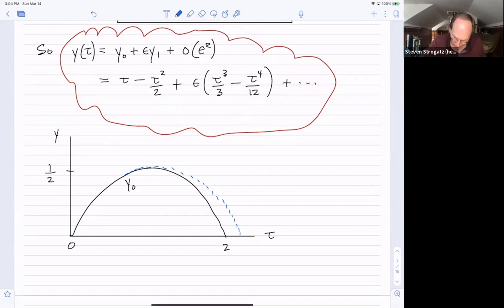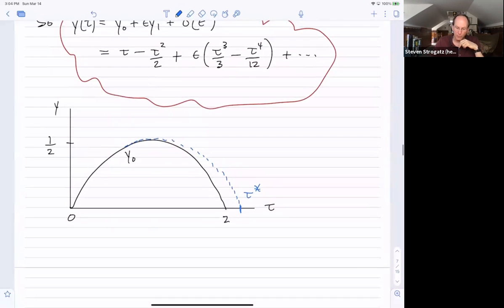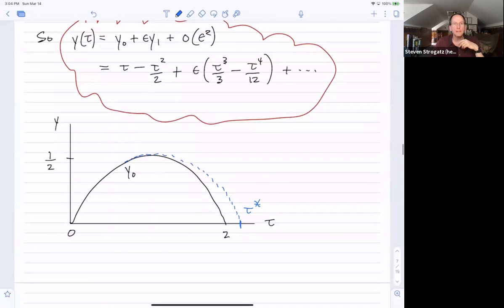We were interested in what this new time is. How much extra is taken? So we could estimate that. Let's call this time tau star when it hits. This, by the way, is an algebraic perturbation theory problem now, like what we did in the last lecture. So this is why we did that kind of thing in the last lecture.